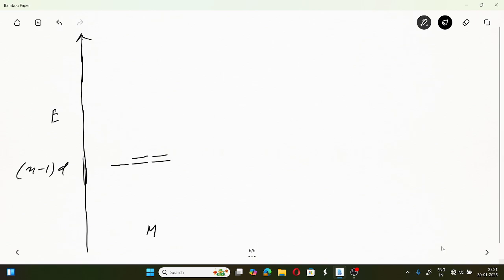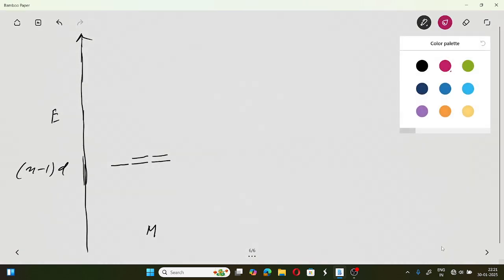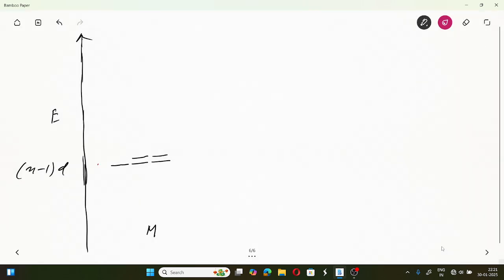Okay, now we can name them also. So these three, we have named them as what? These are T2G: DXY, DYZ, DXZ, and these two, they are the EG set: DX square minus Y square and DZ square. Okay, let us write it. DXY, DYZ, DXZ.